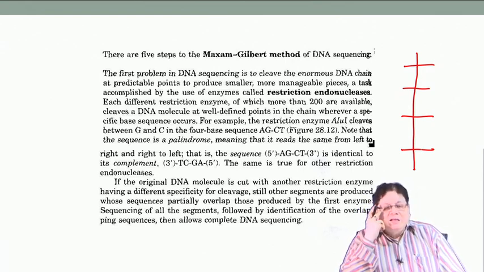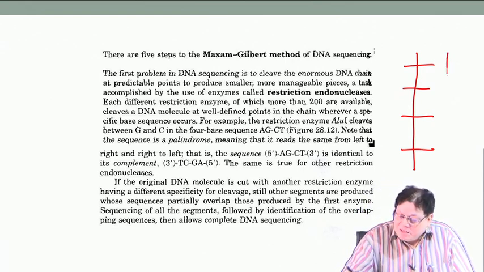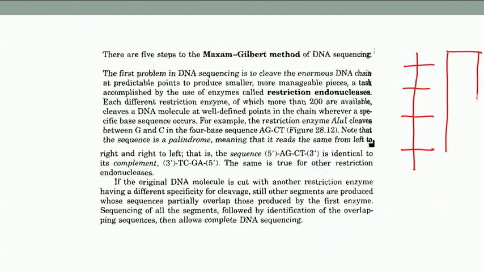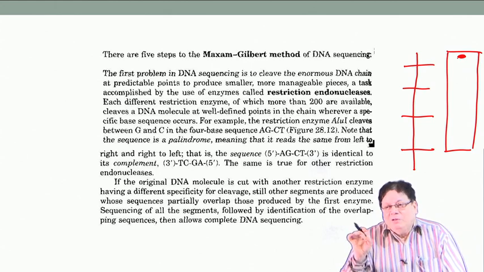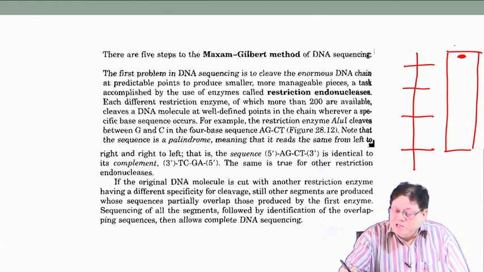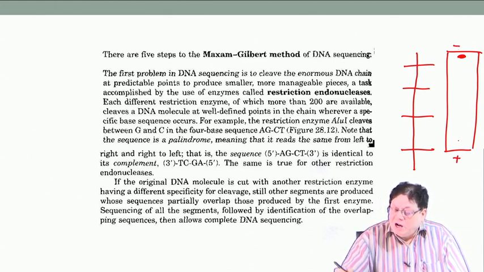So, basically the principle is like this: the DNA is broken into pieces at precise points, and then these pieces are put in an electrophoresis gel. You know what electrophoresis is? You put the material, and if you apply voltage, then depending on the charge it moves.